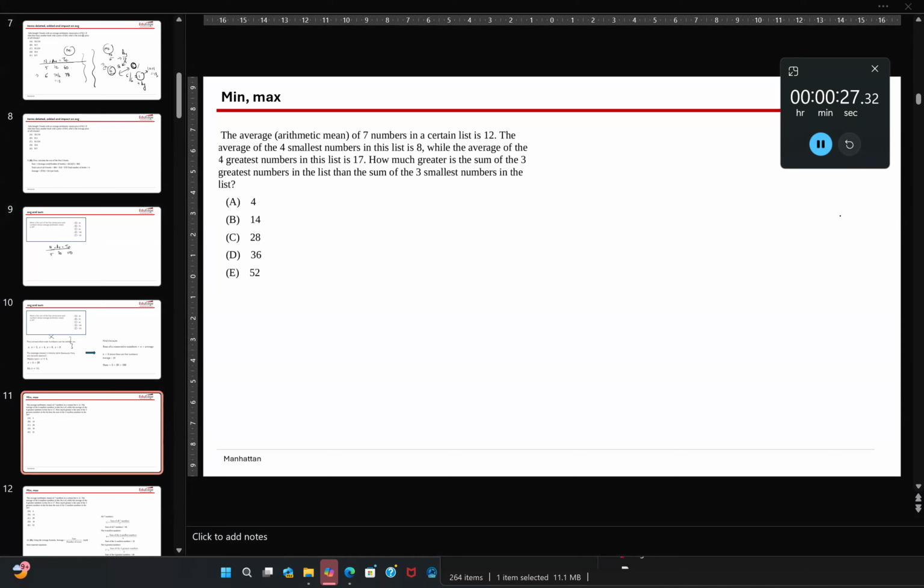While the average of the four greatest, 17. How much greater is the sum of the three greatest numbers? Okay, so the fourth number is 68 minus 32. That is 36, right? No.